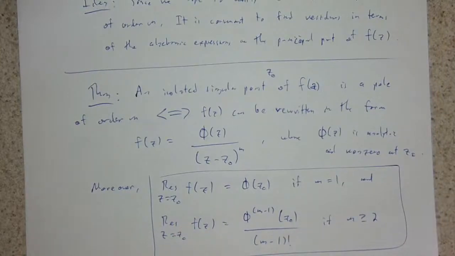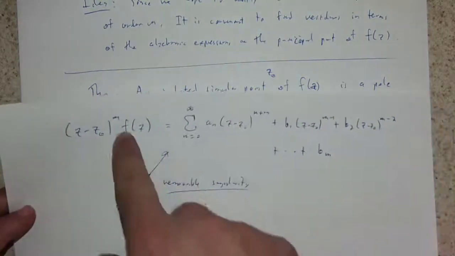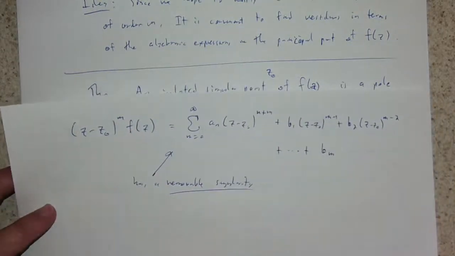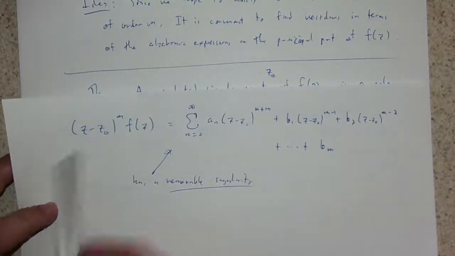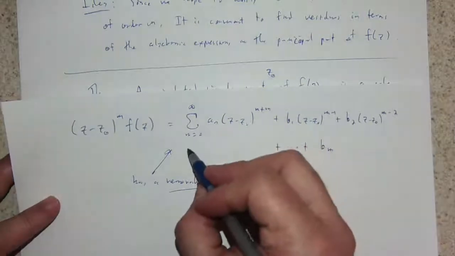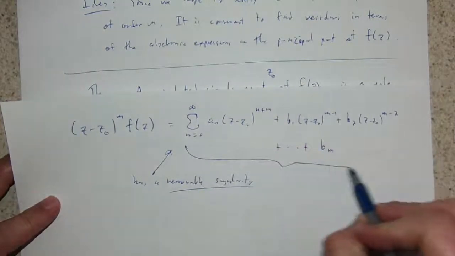Notice the relationship between this and what I wrote previously, where I said if f has a pole of order m and I multiply f by z minus z naught to the m, I get this expression. What is this power series here?